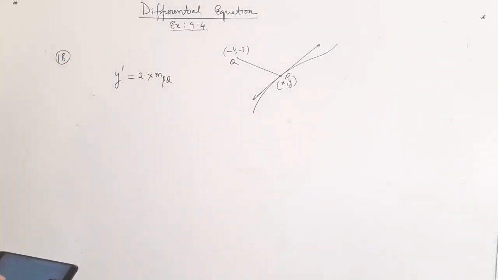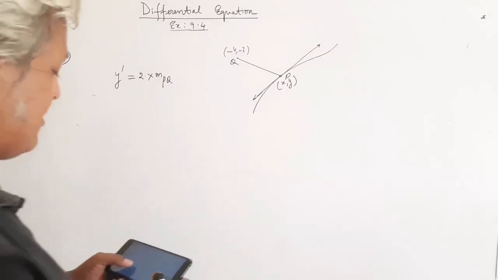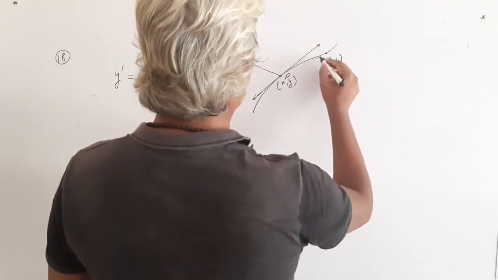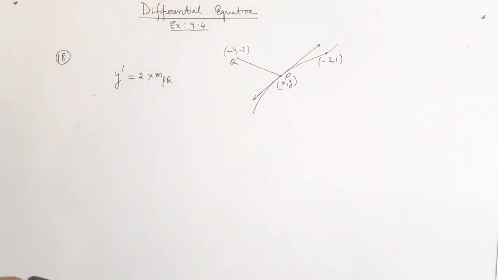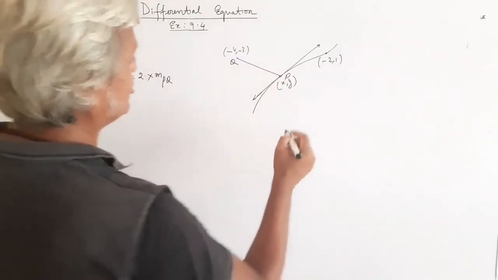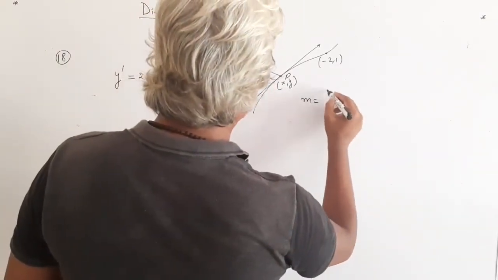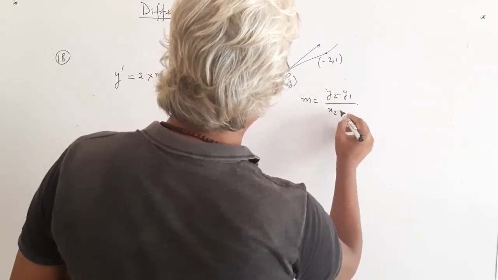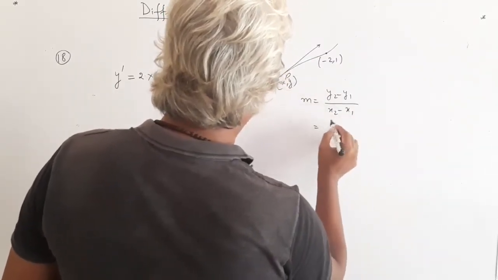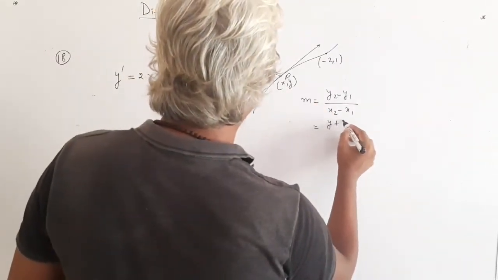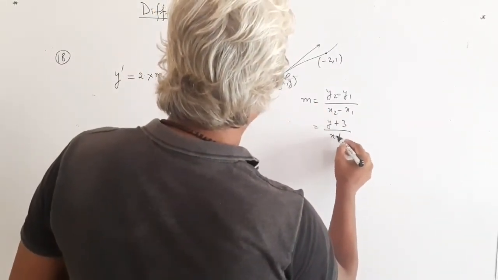Find the equation of the curve if it passes through (-2, 1). So there is also one more point, (-2, 1), where the curve is passing. Now let me find the slope of this line. You know that slope is the difference of ordinates upon the difference of abscissas. So y2 minus y1, that is y plus 3, upon x plus 4.